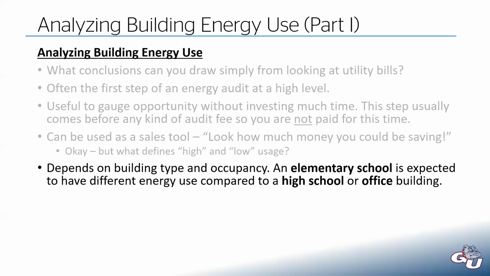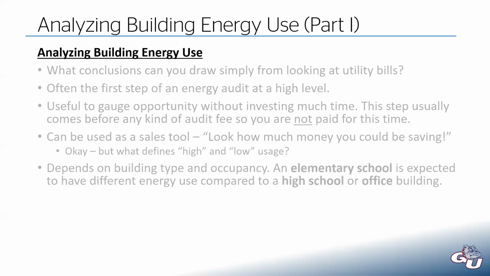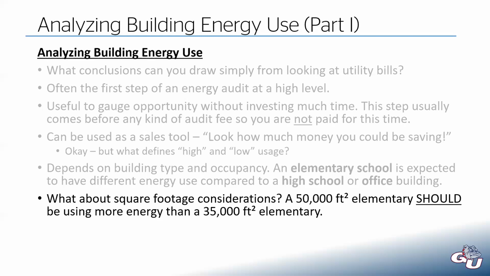Those buildings are all used in very different ways. And what about square footage? How big are the buildings you're looking at? A 50,000 square foot elementary should be using more energy than a smaller building. You would expect a bigger building to use more energy.